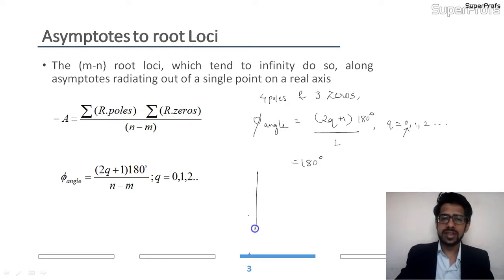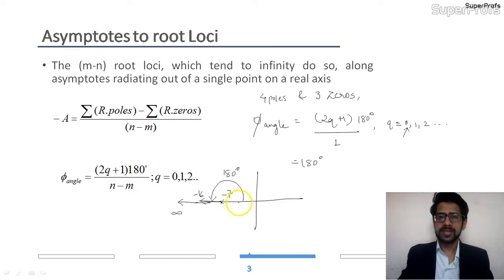Okay. So for q equal to 0, we have the angle equal to 180 degrees. And as you can see in the diagram, from minus 7 I had drawn a root loci segment going towards infinity through minus 16, but at the angle of 180 degrees from the horizontal. For this point minus 60, actually I marked the angle at a different or the wrong position.